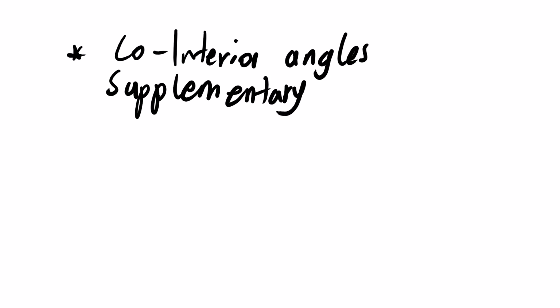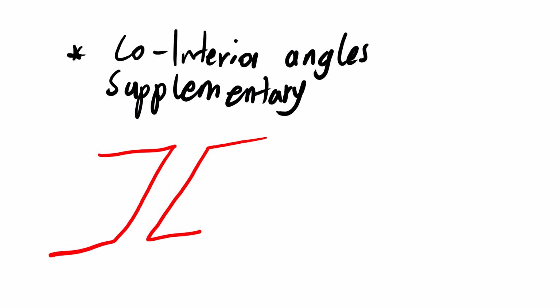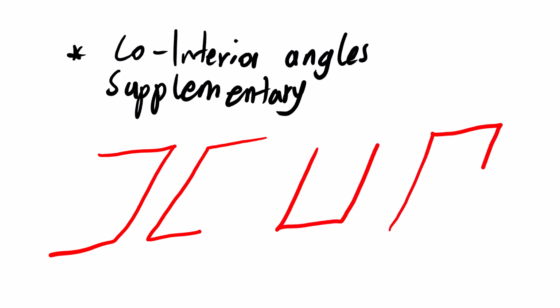Remember, supplementary means they add up to 180. The letter you should think of is letter C. It can be like this, like this, like this, or like this. So basically this angle plus this one add up to 180, this one and this one, this one and this one, and also this one and this one.